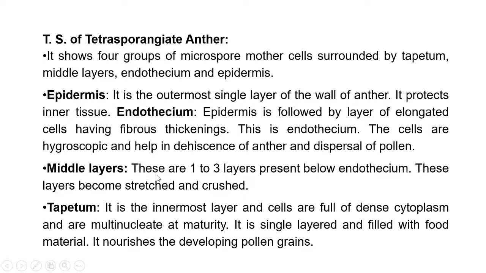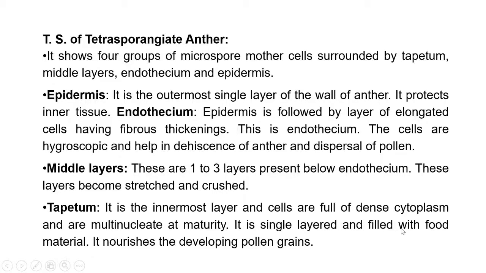Middle layers, these are one to three layers present below the endothecium. These layers become stretched and crushed when the anther becomes mature. And the tapetum is the innermost layer, and its cells are full of dense cytoplasm and multinucleate at maturity. Tapetum is actually a nutritive tissue that supplies the food material for the development of the pollen grains.